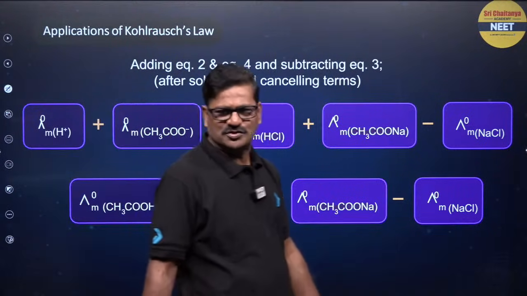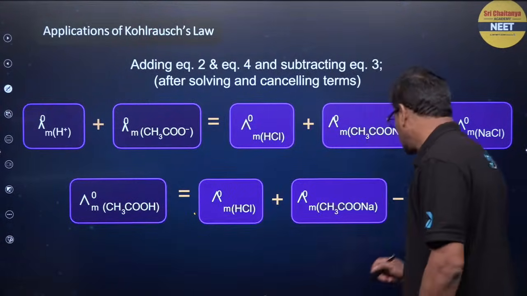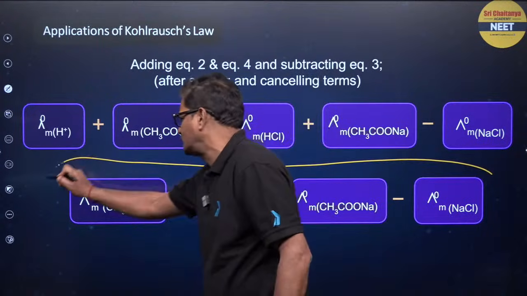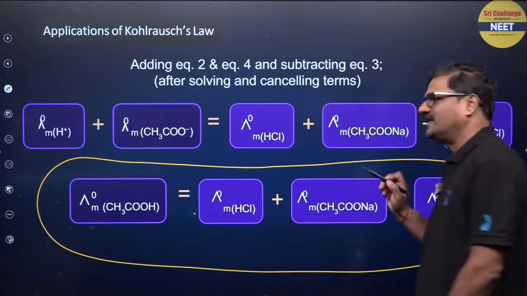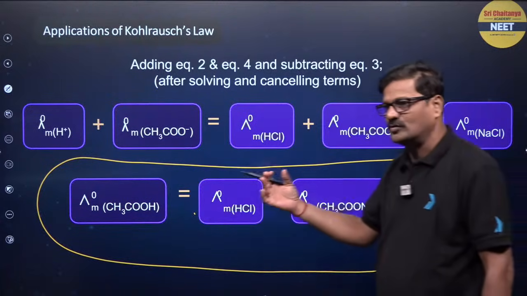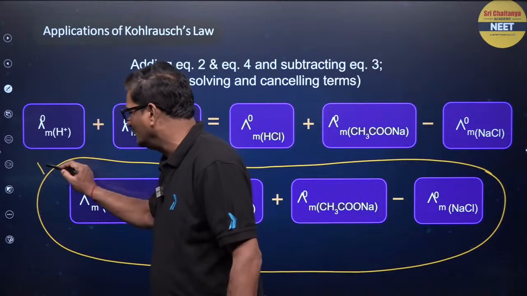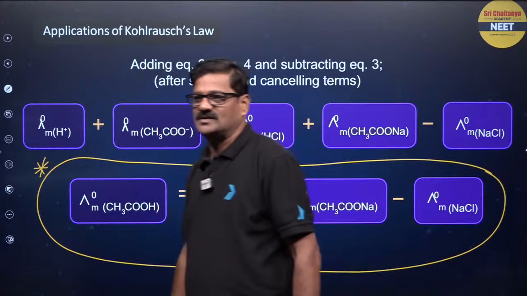If there is any doubt, tell me. And this is a super important formula. You need not derive this in the examination. I just want to explain, and you can directly use it.